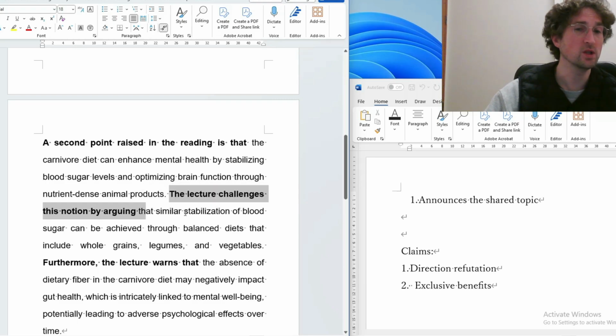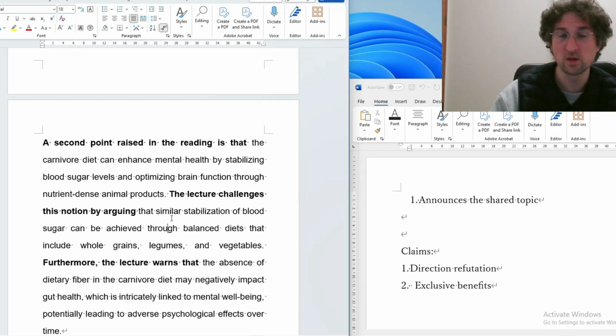So the challenge is, well, actually similar stabilization. They don't say identical, but they say similar. So perhaps of the same kind, to the same extent, to similar extents. Similar stabilization can be achieved without cutting out those classes of foods.